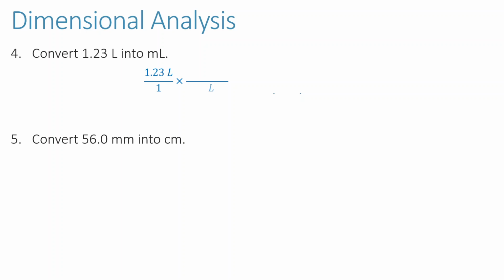Well, liter and milliliter, we can go from one to the other just by using our metric prefixes here. So milli means 1,000 times smaller, meaning that there are 1,000 milliliters in 1 liter. So I'm going to fill in that conversion factor.